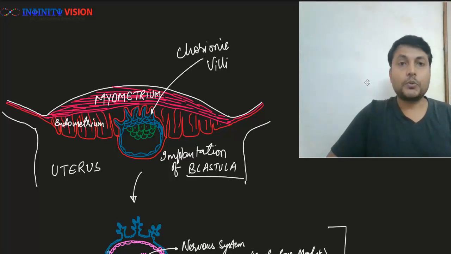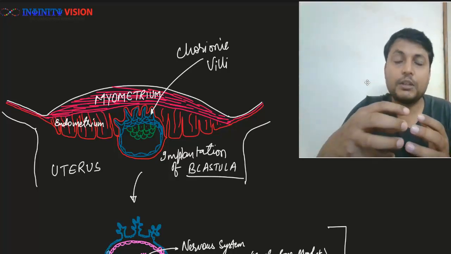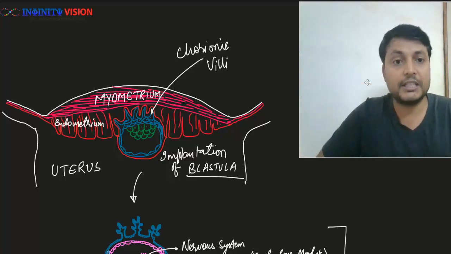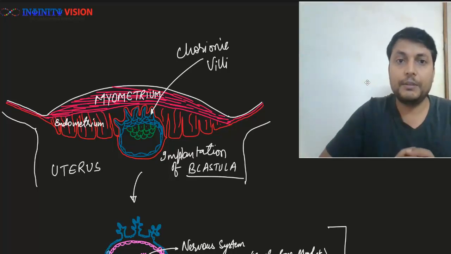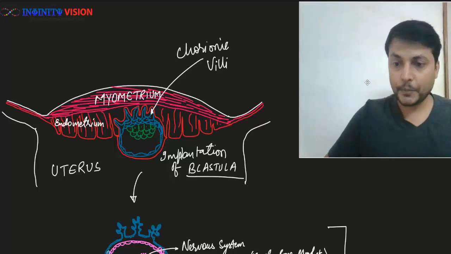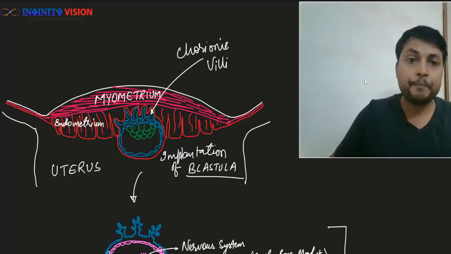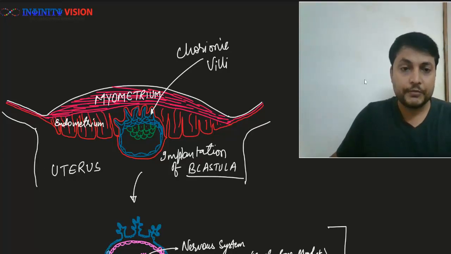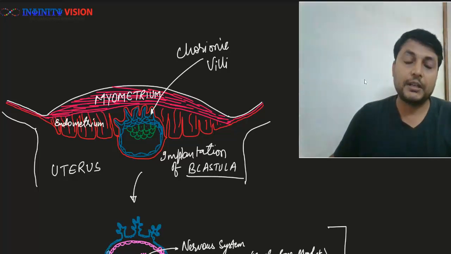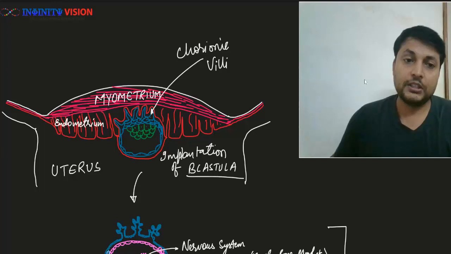So in the previous lectures we have seen the formation of the gastrula, and how the different embryonic stages are formed. We will do a slight recap and then proceed further. We have already seen the process of implantation. What we are seeing here is the blastula stage, completely implanted inside the uterine wall.